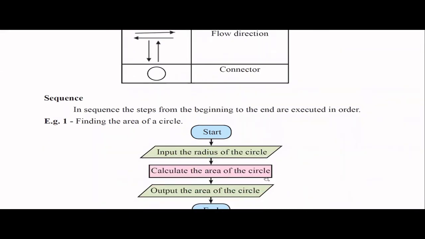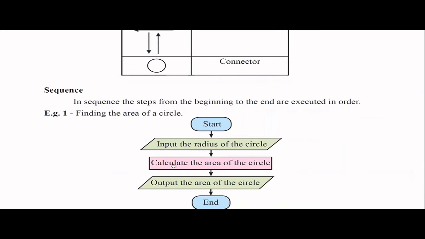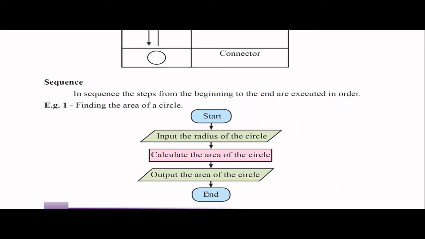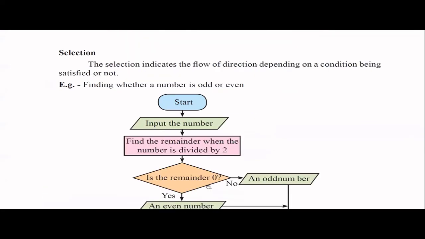Sometimes you can include the mathematical equation here as well. Then for output, both input and output use parallelograms, so you output the area of the circle after you calculate it. That's the end of it. Can you see that in sequence, these steps are followed one after the other?